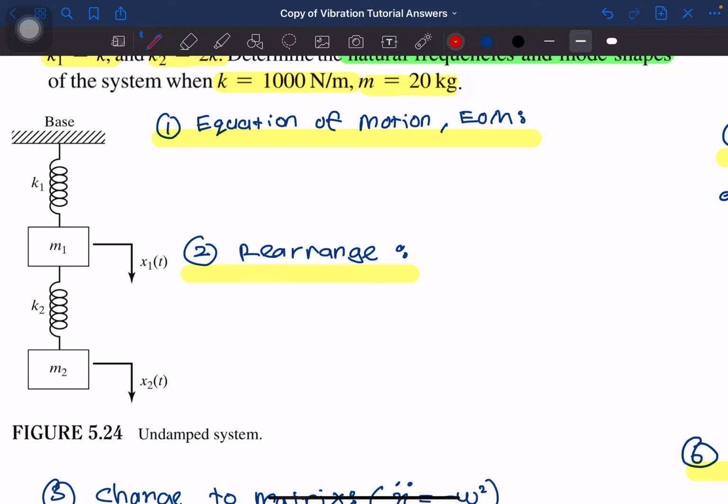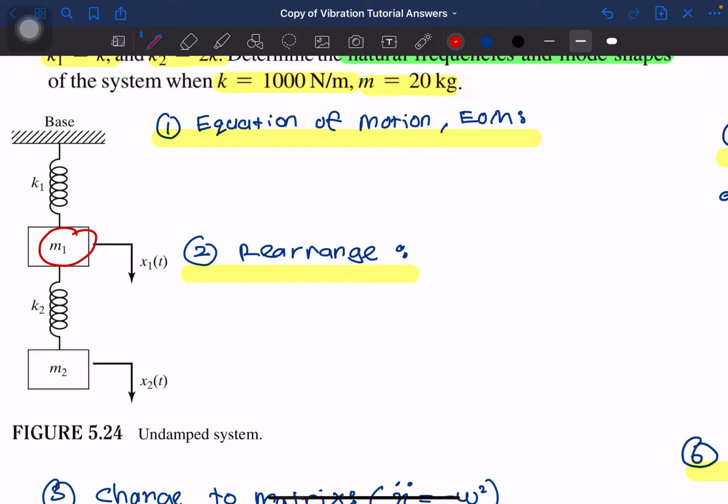If the system is only translational or only rotational, meaning it only has x or only has theta, the way of extracting the EOM, the equation of motion, is this. Now let's take a look at m1.